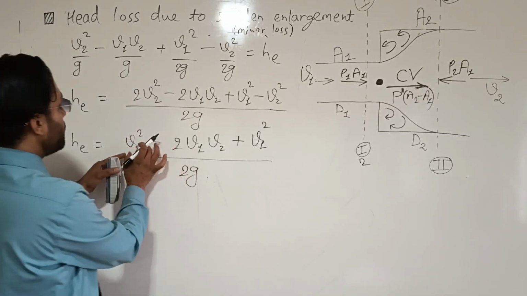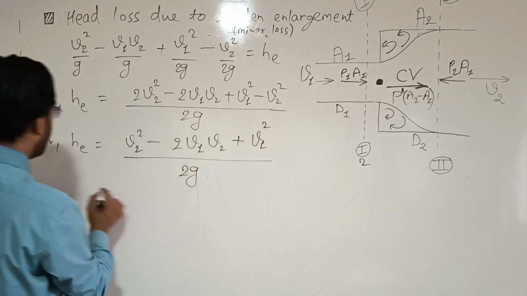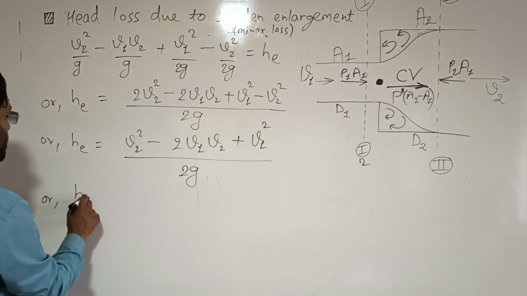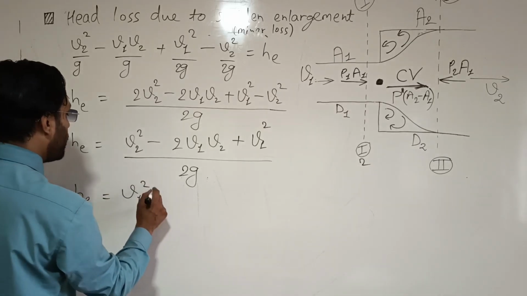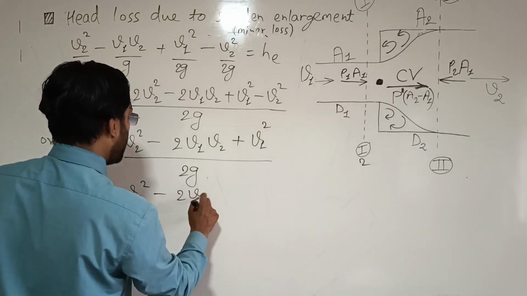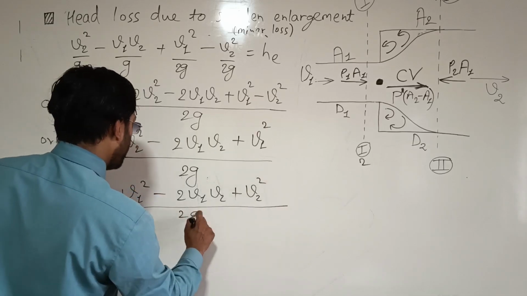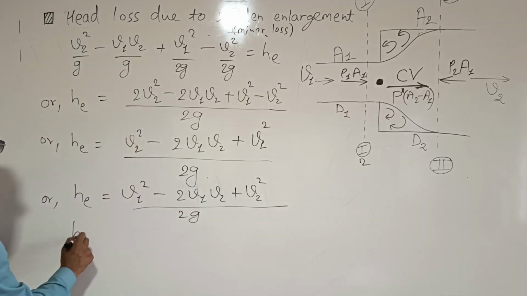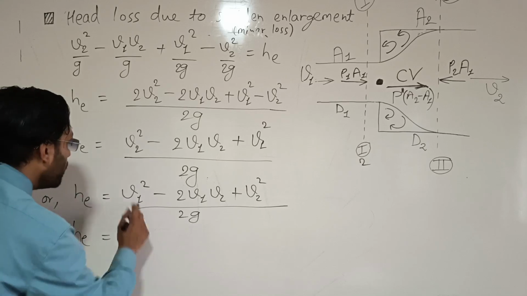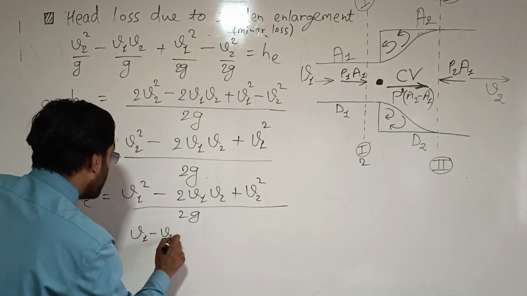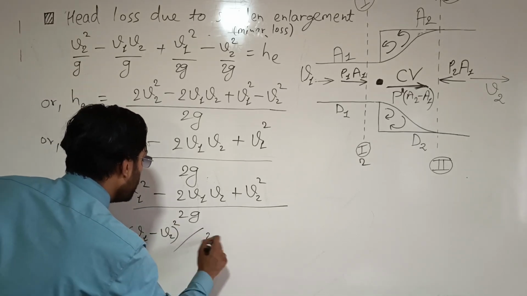You can write it as V1 square minus 2 V1 V2 plus V2 square divided by 2g. So if you do this, what do we get? This is the expression for (V1 minus V2) whole square divided by 2g.